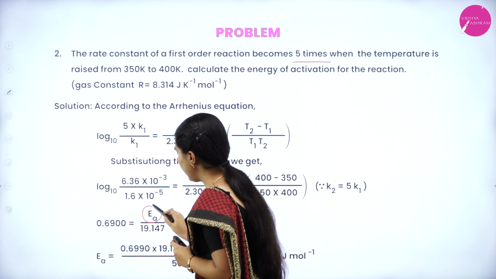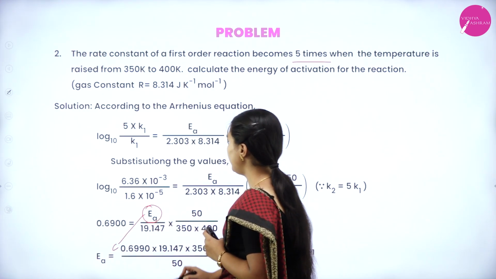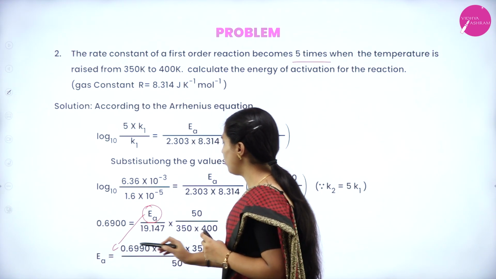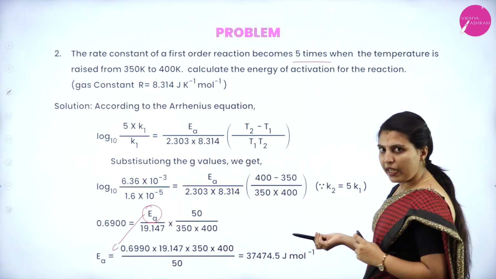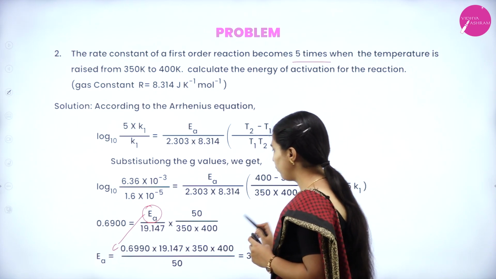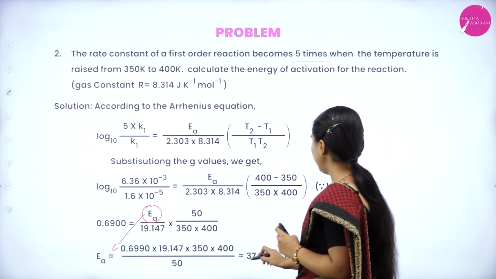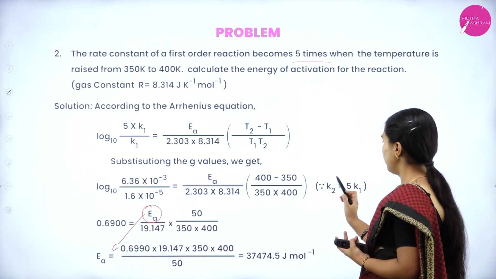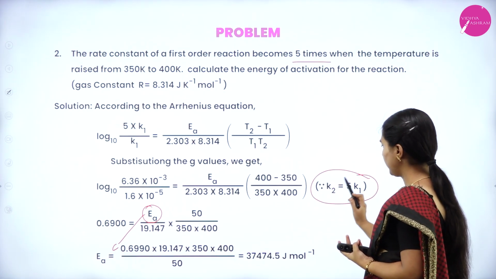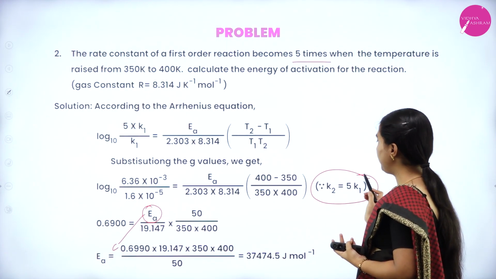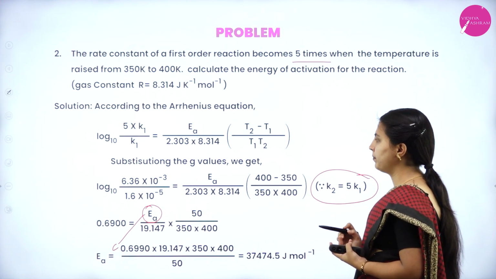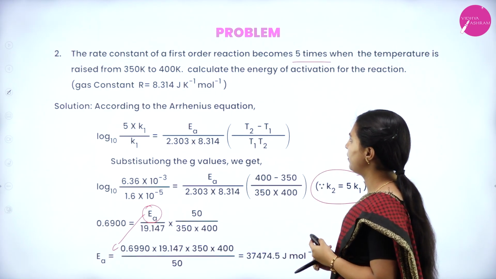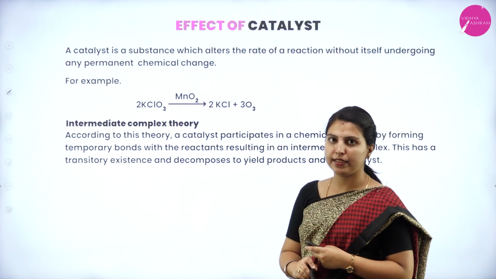We have to calculate Ea, so we take it to the left-hand side and the other things to the right-hand side. In the cross multiplication, 0.6990 into 19.147 into 350 into 400 divided by 50. You will get 37474.5 joules per mole. Before that, K2 equals 5 K1 because 5 times more. That we should not forget because they have given it in the problem itself.